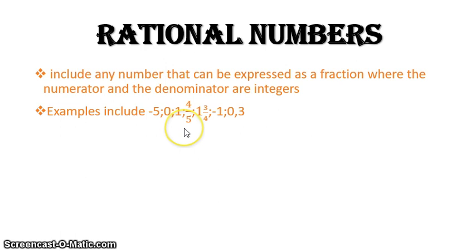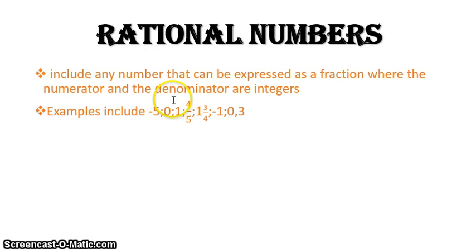4 over 5 is an example of a rational number because 4 over 5 is a fraction. Even 1 and 3/4 is a rational number because it is a fraction. You can express it as an improper fraction, 7 over 4, by saying 1 times 4 plus 3, making it 7 over 4.